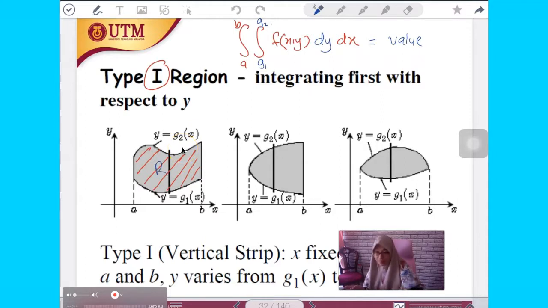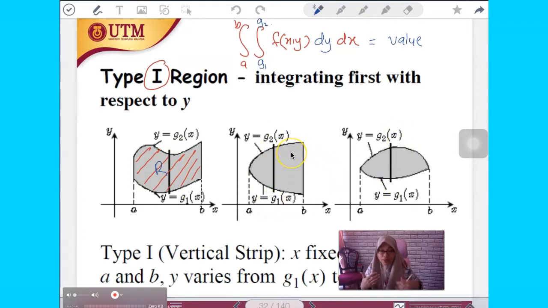Based on this example, when you want to determine the limits of y and x for x constant, you have to put in a line. You just create that line. You can see that line here, right? You have this one vertical line and also a vertical line over here, isn't it?